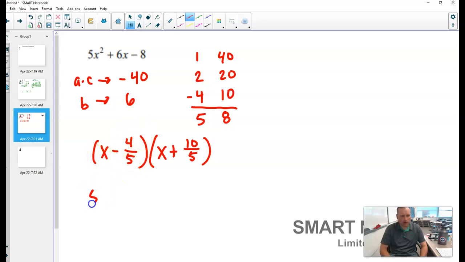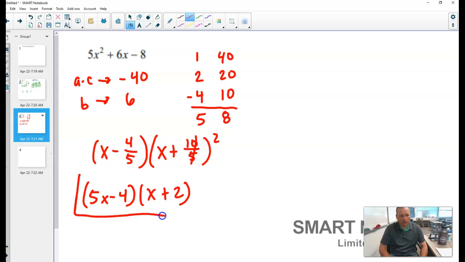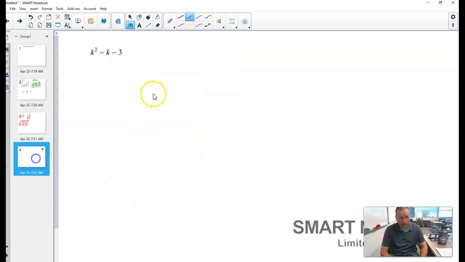I go bottoms up here, so 5x minus 4. And then this one simplifies to 2 again, so that'll be x plus 2. And that would be my two factors there. If you really want to check them, you can multiply this through and you should get what your original answer was.